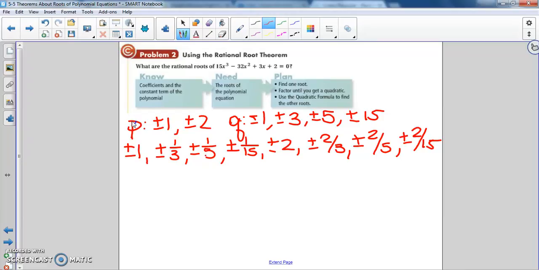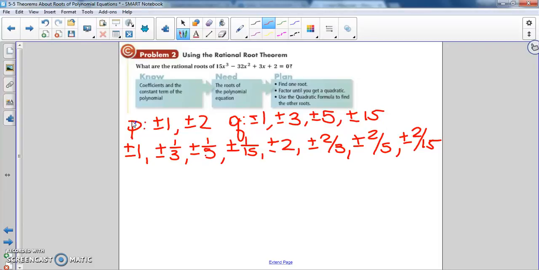So, test each possible rational root in our original polynomial, 15x cubed minus 32x squared plus 3x plus 2, until you find a root. So first we'll test 1, and we'll plug in 1 into our equation, and that does not equal 0.